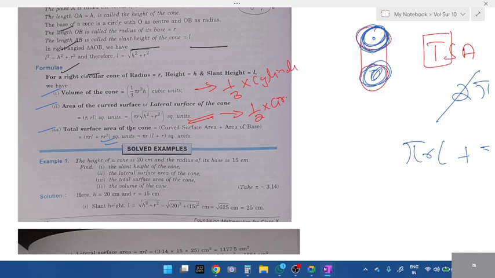If you try to memorize the formulas, hardly 1 or 2 days you'll remember. 1 by 3 pi r h, pi r l.